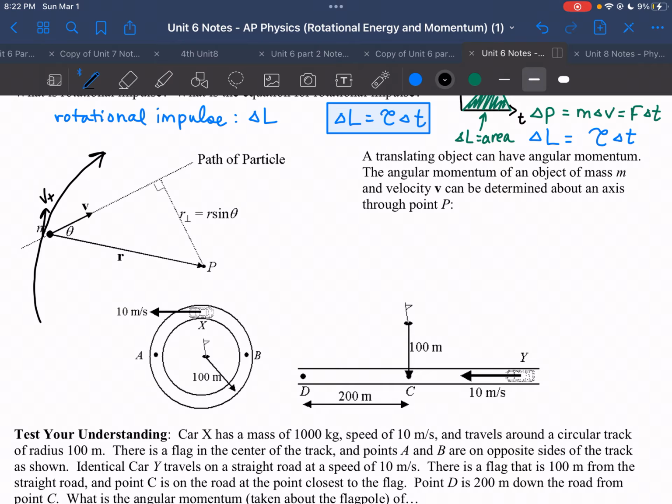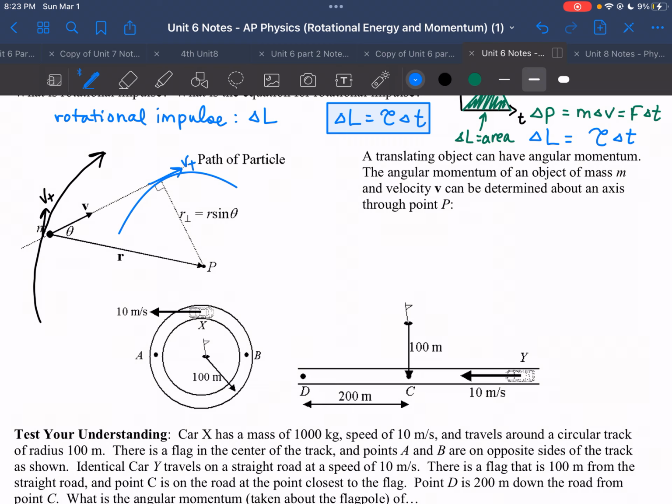Now, when it moves to a different place, if it's cutting across the circle like this, then as it moves closer and closer, it's joining a new circle with a new tangential velocity.